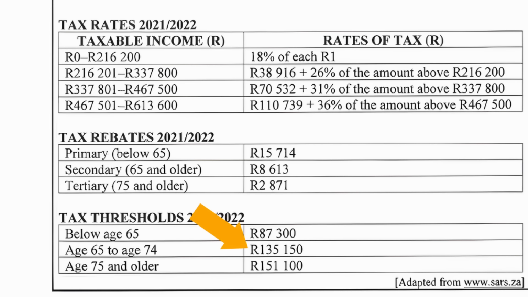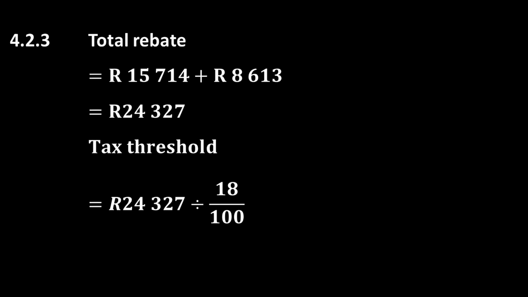To determine the tax threshold for a person between the ages of 65 and 74 years, we divide this amount by the 18% in tax bracket 1. So 24,327 Rand divided by 18 over 100, and this equals 135,150 Rand.